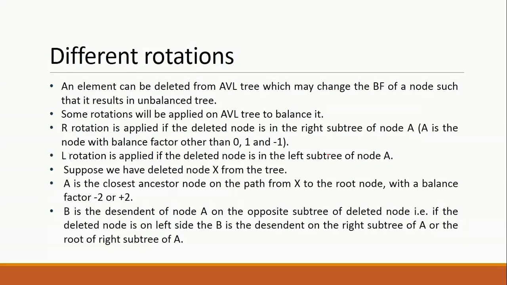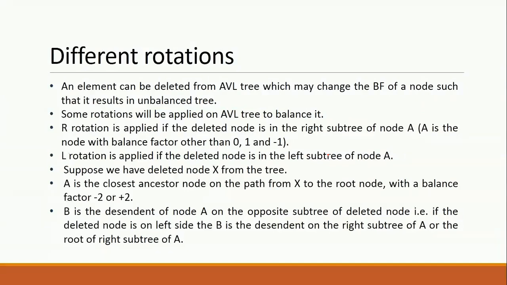So I have to find the balance factor of that node, that is 0, 1 or minus 1. So in this case it will become R0, R1 and R minus 1, three cases. Now L rotation will be applied if the deleted node is in the left subtree of the node A. So if you are deleting in the left subtree, it is L rotation. If you are deleting in the right subtree, it should be the R rotation.